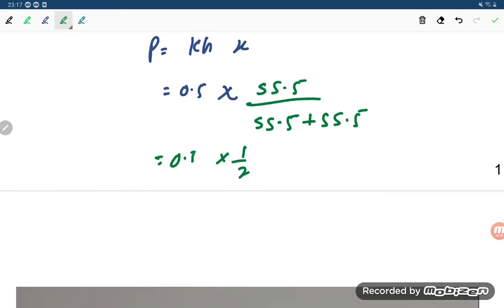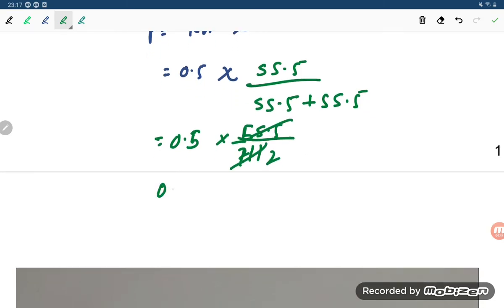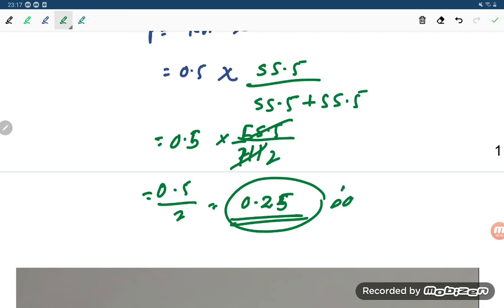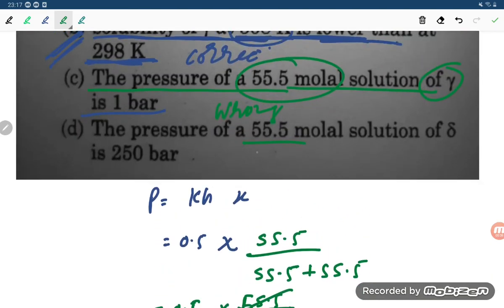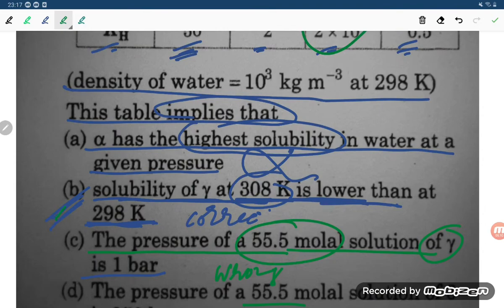So 0.5 upon 2, 2 into 2 is 4, 2 into 5 is 10, giving 0.25. So 0.25 bar is coming, and this is absolutely wrong. So the correct option is option number B.